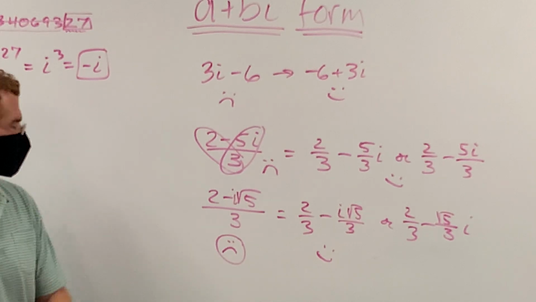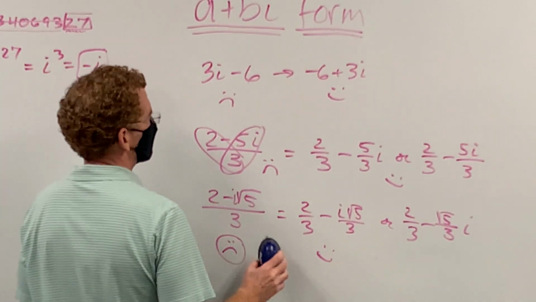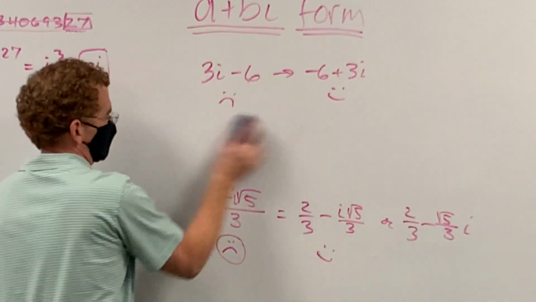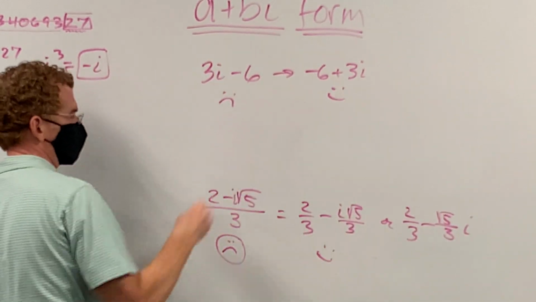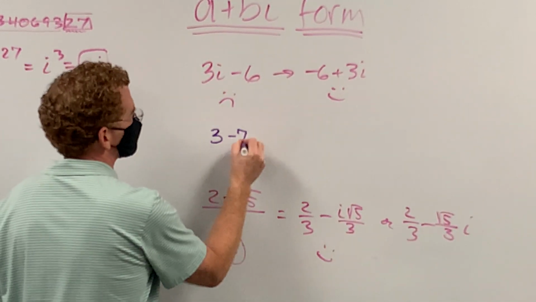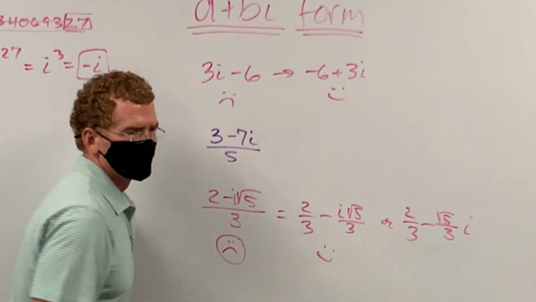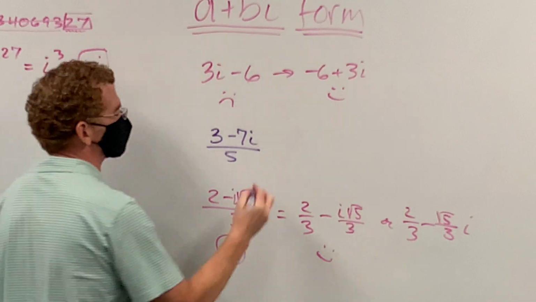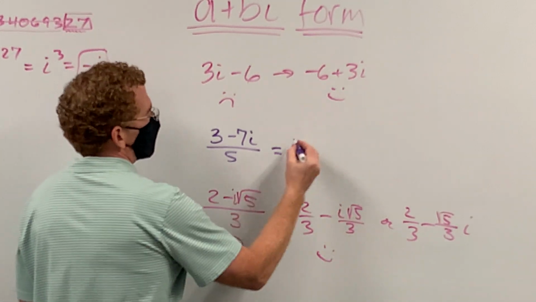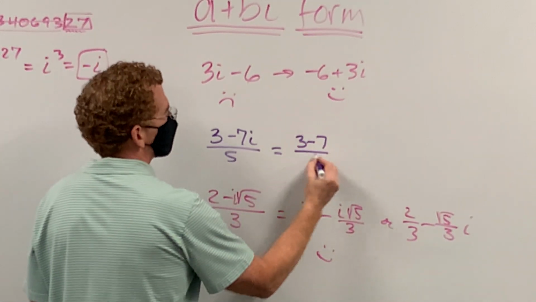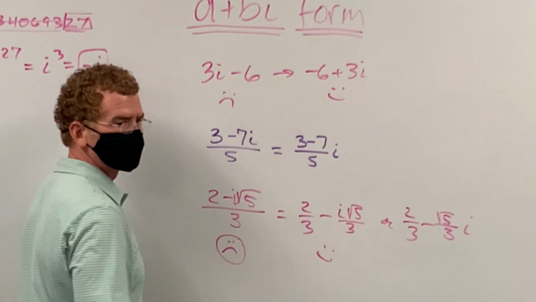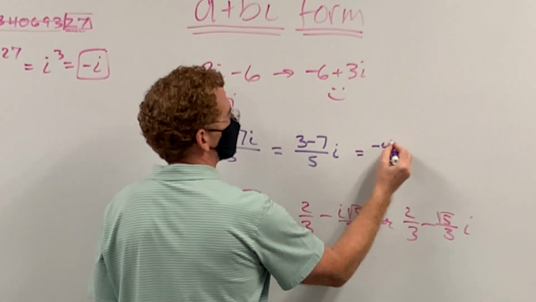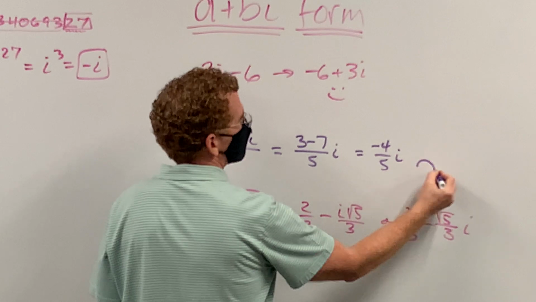Let me show you another thing that I see all the time wrong. What if I have 3 minus 7i over 5? This is just classic, horrible holes in your cheese algebra. You got to fix this. I think I'm just going to sling that i out to the side and then go with the sweet -4/5 i.